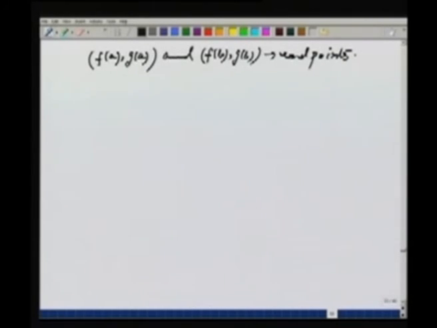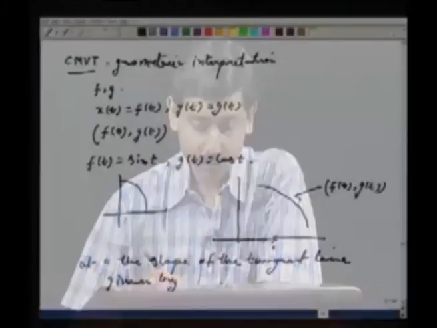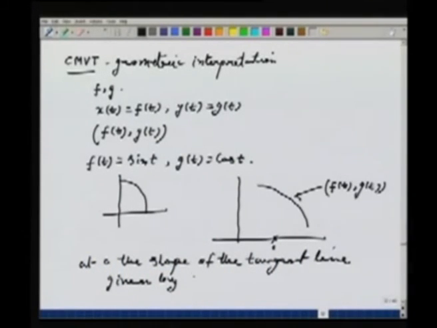Then the slope of the chord is f(b) minus f(a) by g(b) minus g(a). Cauchy's mean value theorem says that this slope is the same as the slope f prime c by g prime c. At the point c, the slope of the tangent line is given by g prime c divided by f prime c.